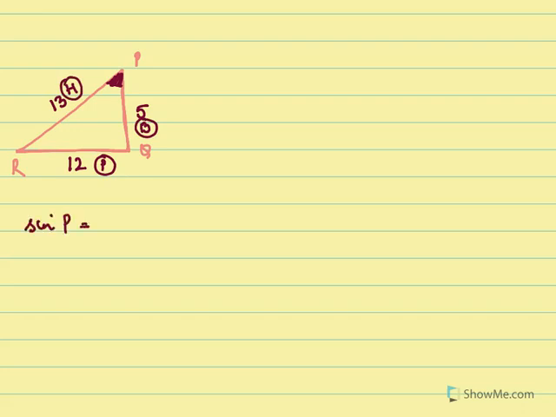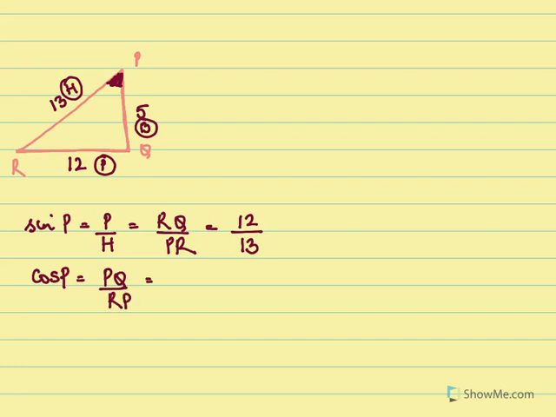So we have sin P. Sin P is perpendicular over hypotenuse, perpendicular RQ, hypotenuse PR, which is 12 over 13. And then we have next is cos P. Cos P is PQ over RP, which is base over hypotenuse, and 5 over 13. Then we have tan P, which is perpendicular over base, and RQ over PQ, that is 12 over 5.